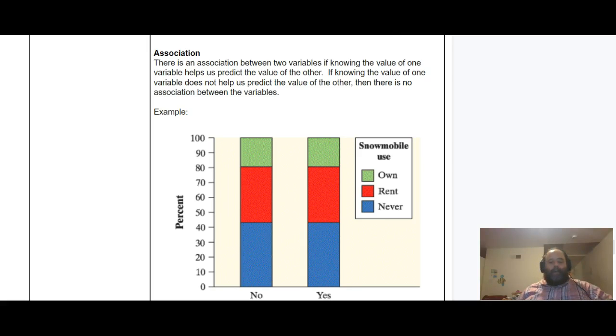So wrap your head around that. If the segmented bar graphs are looking identical, this says that these variables are not impacting each other, right? So being a member of the environmental group seems to have no association with your snowmobile status.